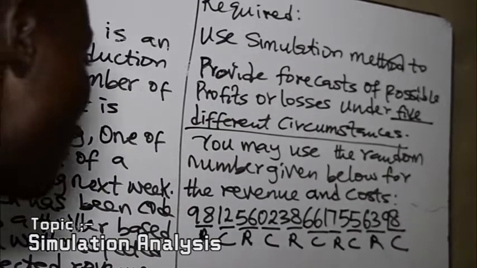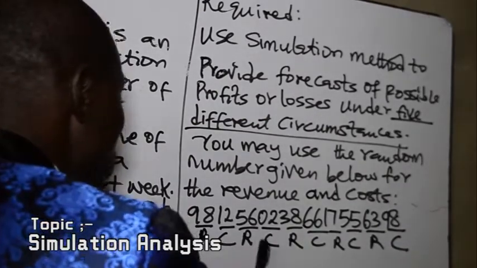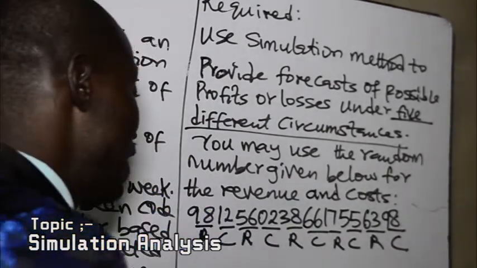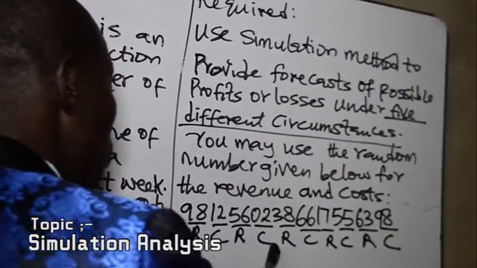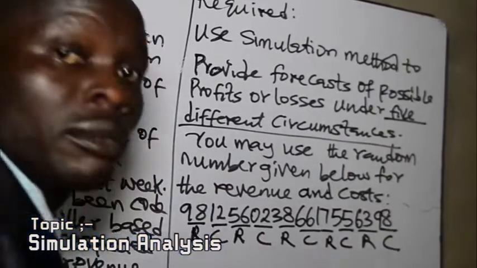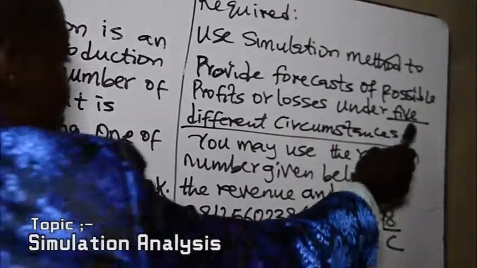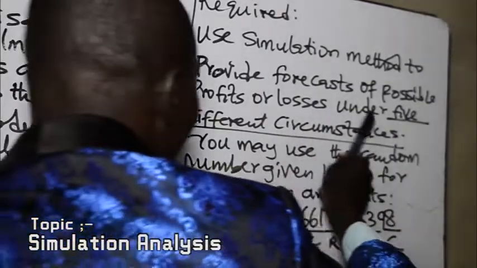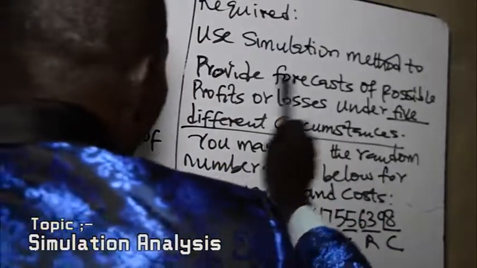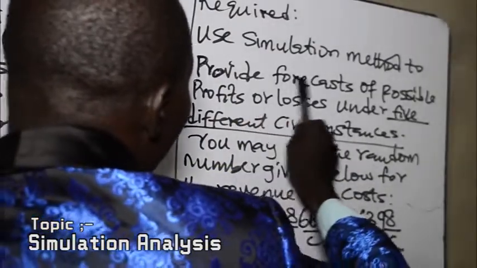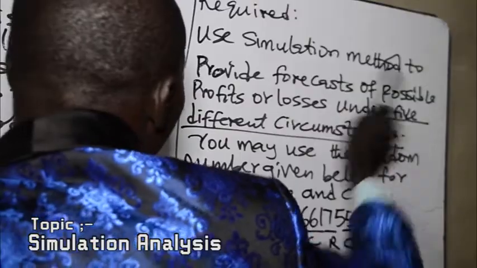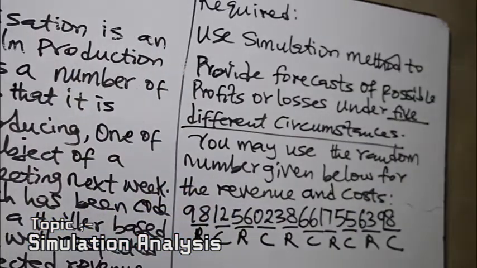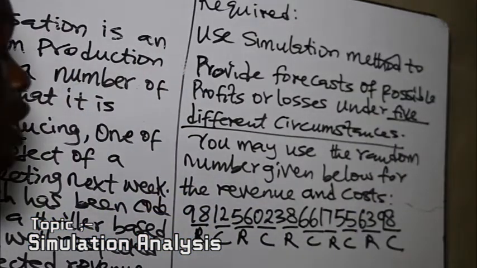If you count, you have 5 for revenue and 5 for cost. That means you have 5 circumstances for revenue and 5 for cost. That is why you were asked to provide forecasts of possible profits or losses under 5 different circumstances.